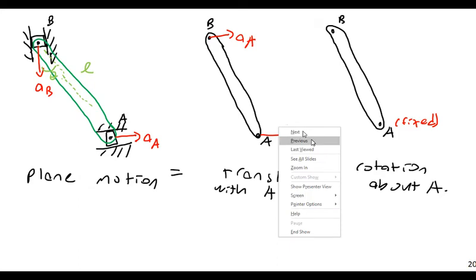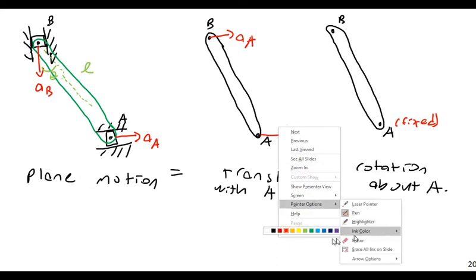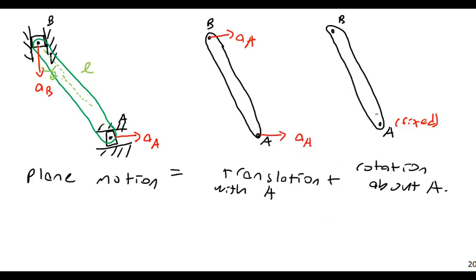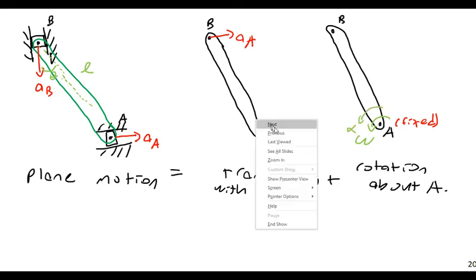Then there would be both an omega and an alpha going on at this end. And then I would have two relative accelerations.